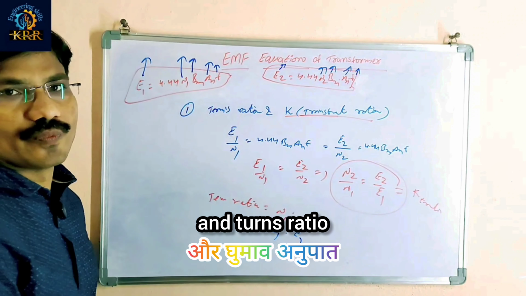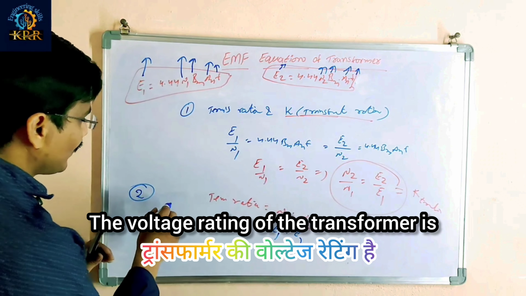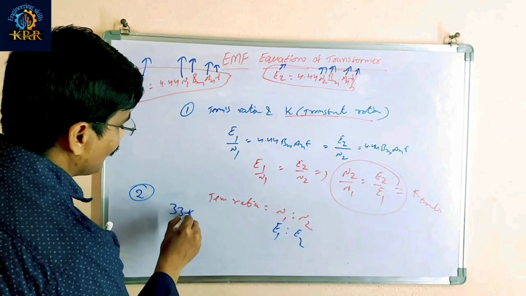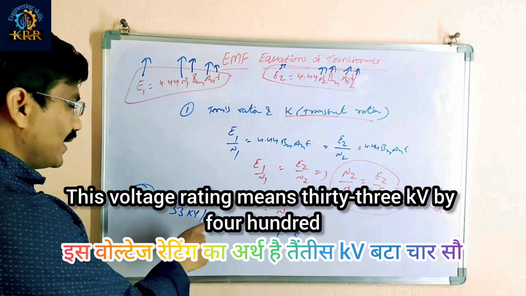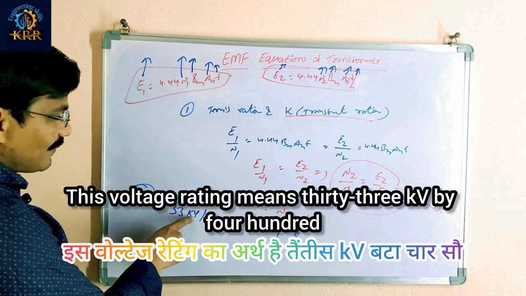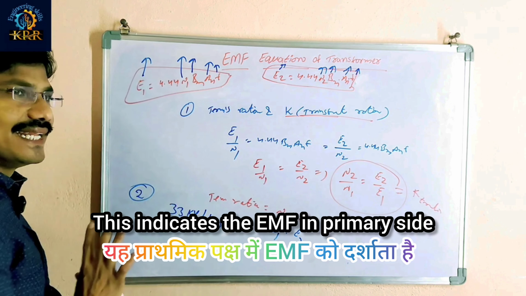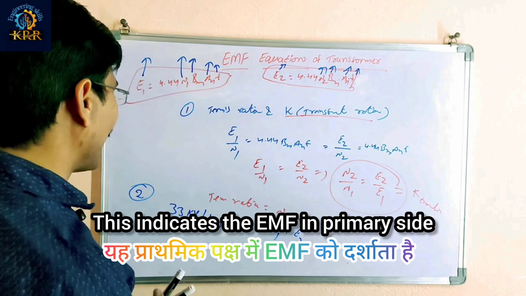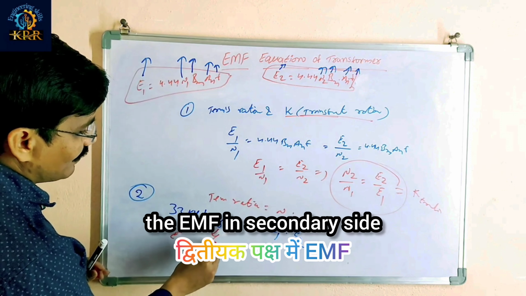Next, the second one. The voltage rating of the transformer is 33 kV by 415 volts. This voltage rating, 33 kV by 415 volts, indicates the EMF in primary side and the EMF in secondary side.